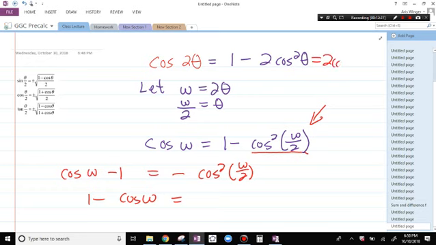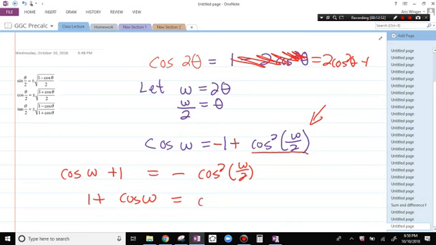This is 2 cosine squared theta minus 1. That's the formula. So then cosine 2 theta is 2 cosine squared theta minus 1. So then this is plus and that's minus. Right? And then this is plus and that's plus.